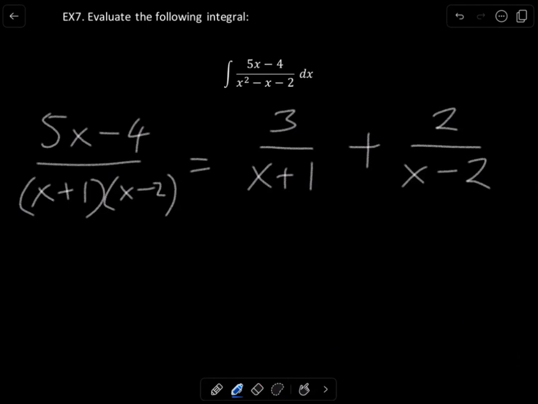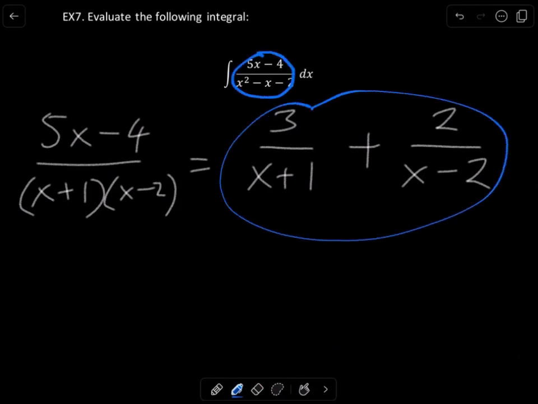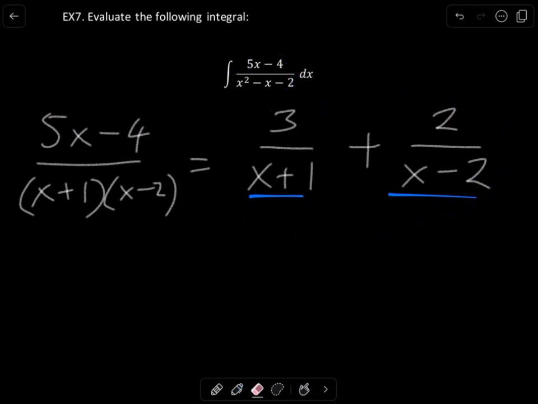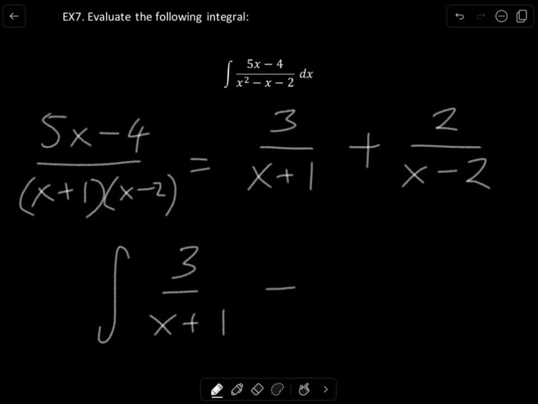So this here is actually this. What I encourage you to do is add this up, get the common denominator, and check that you can actually get that term back. Okay, that's how partial fractions work. So what we have to do now is integrate 3 over x plus 1 plus 2 over x minus 2. This looks familiar.